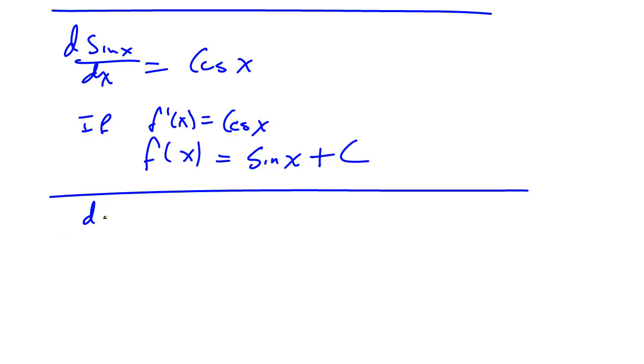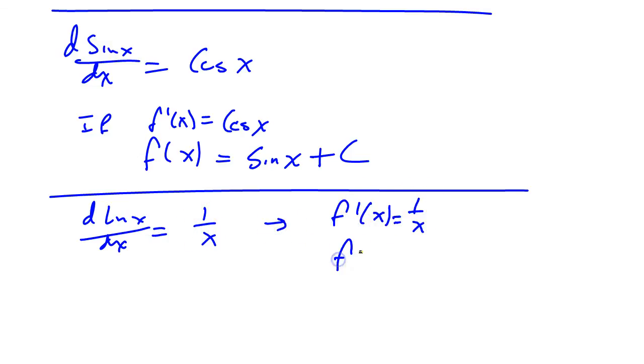Remember that the derivative of natural log x is 1 over x, which tells me that if I've got 1 over x as the derivative and you're asking me what the function is, well, it's going to be the natural log of x plus a constant. Actually, if you look at the textbook, they throw an absolute value sign in here.